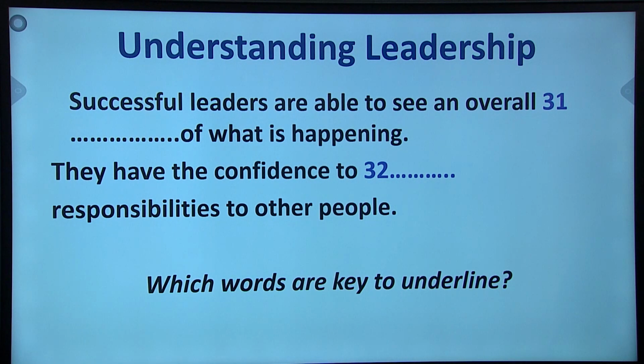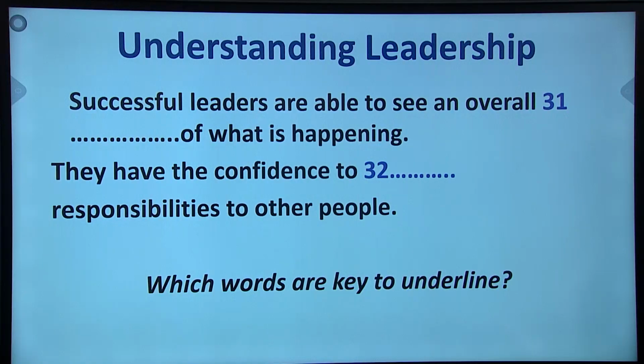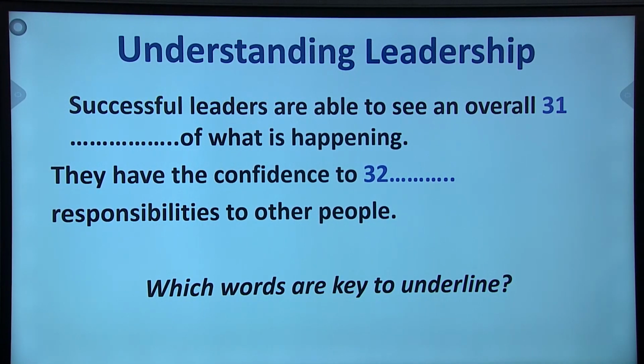So successful leaders are able to see an overall something of what is happening, and then they have the confidence to something, responsibilities to other people. Again, try now, underline the keywords in those 2 questions, will you please?